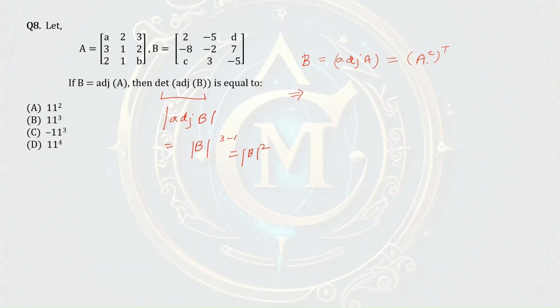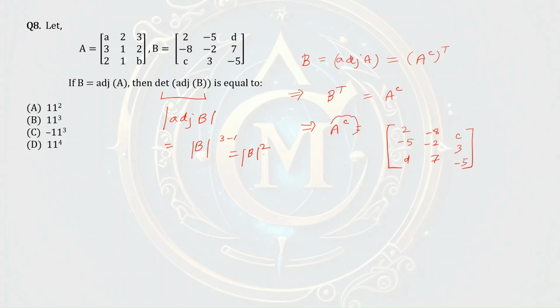So this is cofactor matrix of A, that is denoted by AC, and then we take the transpose to get B, that is adjoint of A. So if we take transpose of B again, the right side equals cofactor matrix of A. So here cofactor matrix of A will be B transpose. So we write the matrix here. It will be 2 minus 5 D minus 8 minus 2 7 C 3 minus 5.